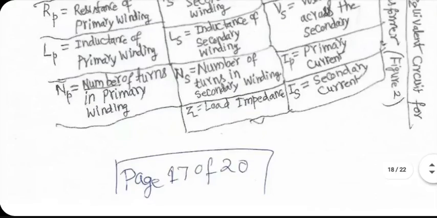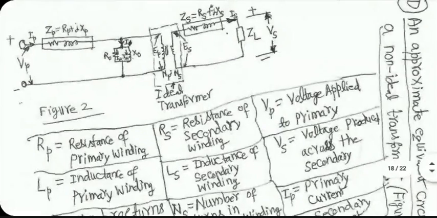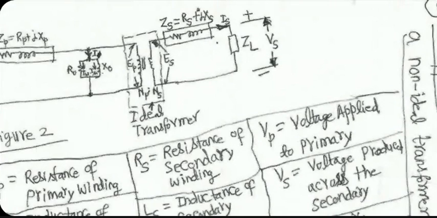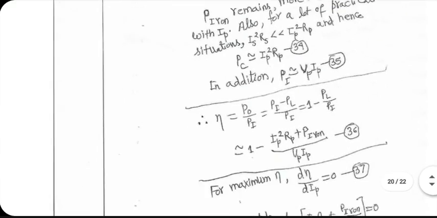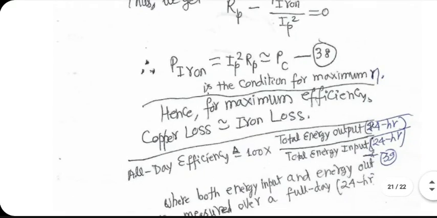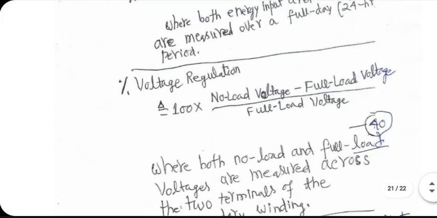Okay, that means you'll simply see ES across the output because IS is 0. So there will be no losses in ZS. So that value, magnitude, of course, is called the no load voltage, no load output voltage, no load secondary voltage, let's say.